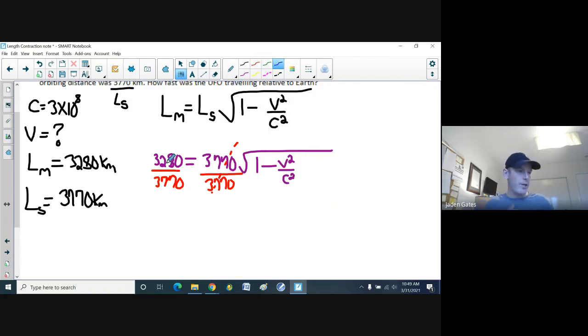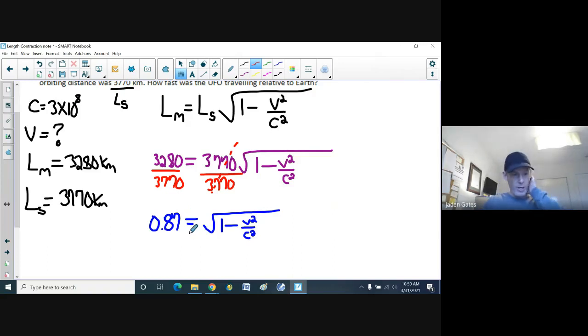I take 3,280, I divide it by 3,770, and 2 decimal places as usual, I get 0.87. And then over here I get the square root of 1 minus V squared over C squared. All right, again, a little math work.